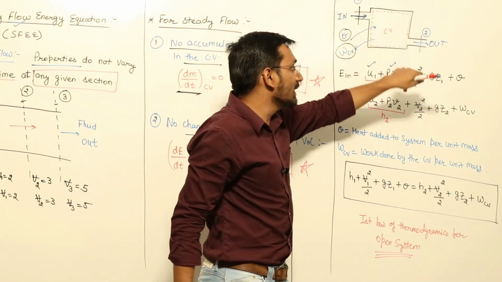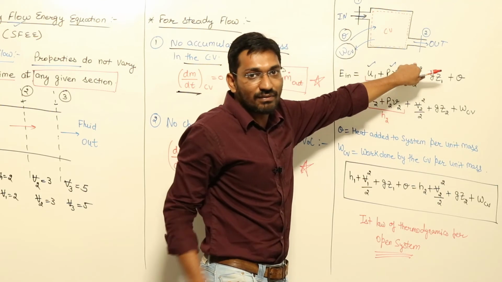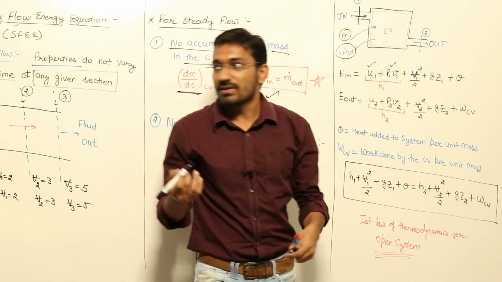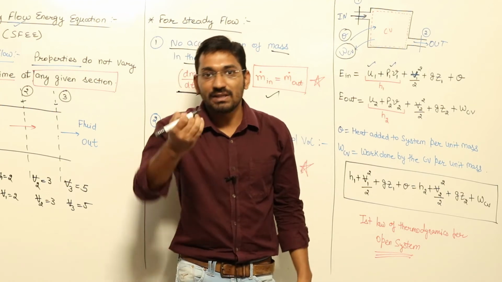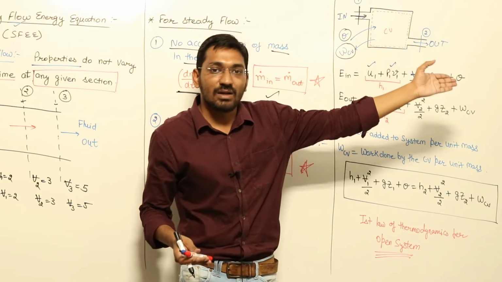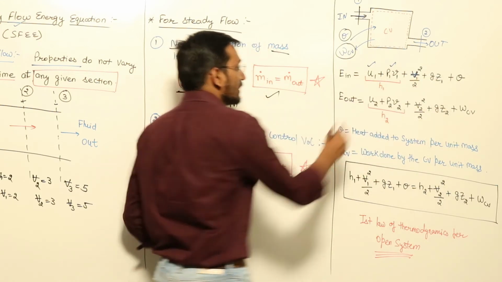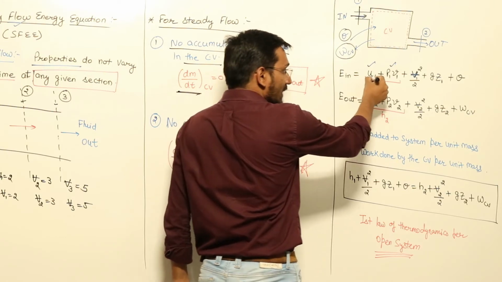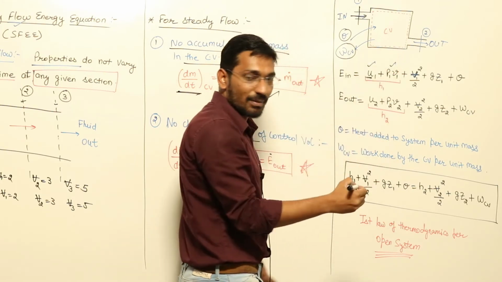Suppose V1 is the velocity at inlet, then V1 square upon 2 is the kinetic energy. Kinetic energy is half m v square, and we are writing all these terms as specific quantities. This is the specific internal energy, that is, internal energy per unit mass.